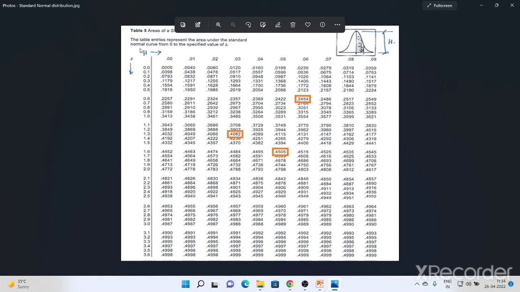Our value is 1.33. See, on this z side, we take 1.3, and on the column side we consider 0.03. So the highlighted value is 0.4082.